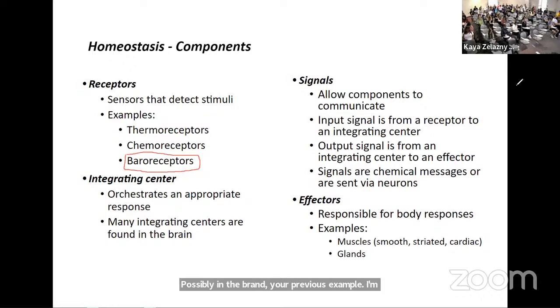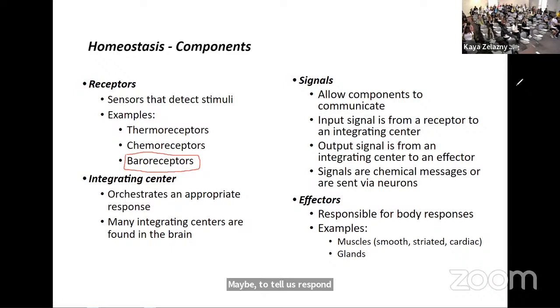Chemical messages can also be a pathway for this signaling, which is why I didn't just say nerves. Things like hormones could also be one of our signaling mechanisms here. When we talk about the endocrine system, we'll see a lot of hormones involved in these signaling pathways that help us mediate our responses, help us respond to changes.